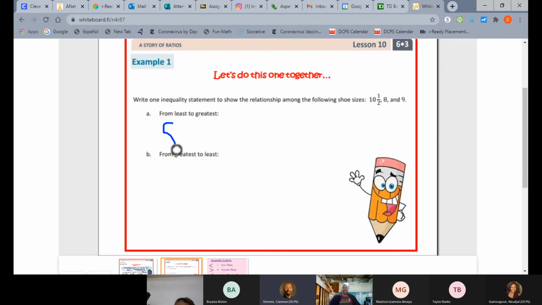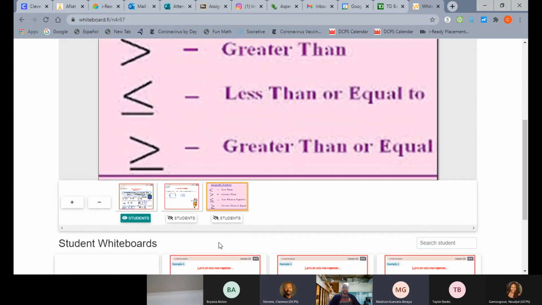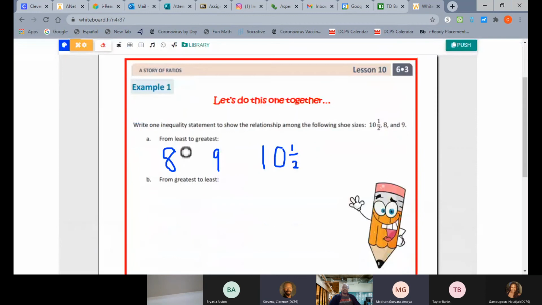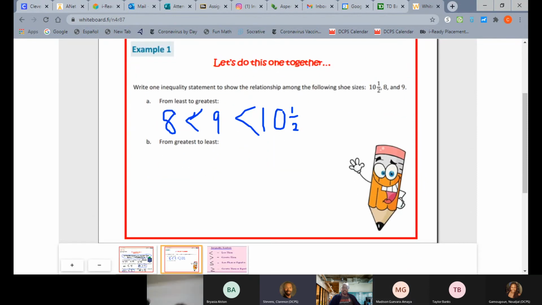Okay, so here we have 8, 9, and 10.5. Oh, so it's the less than. The less than, right, because 8 is less than 9, and 9 is less than 10.5. Yeah. Very good. Good job.